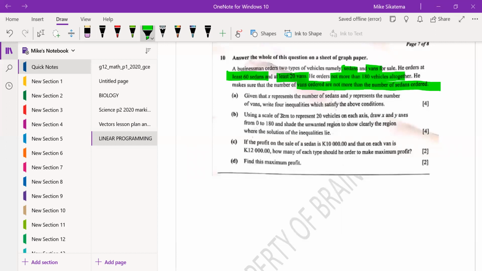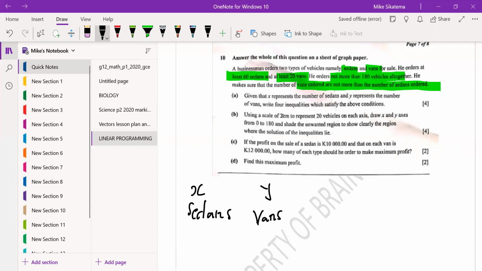Given that X represents the number of sedans, and Y will represent vans, write the four inequalities to satisfy the above conditions.